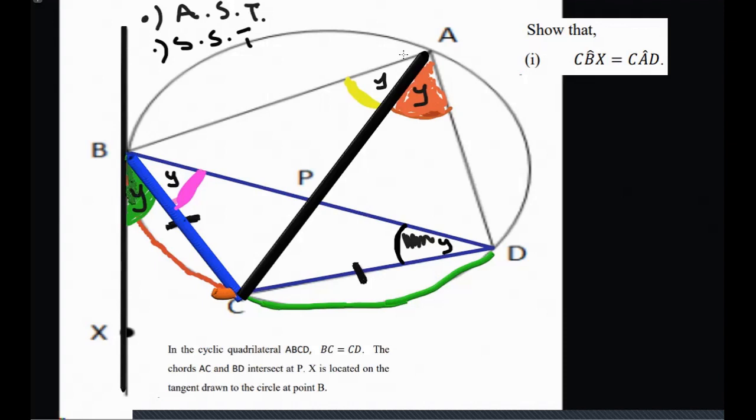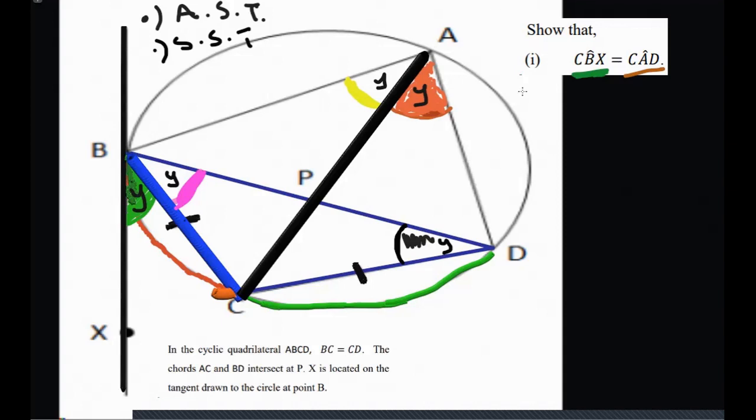All right. So now let's see what was the requirement. We have been asked to prove CBX, the green angle, is equal to this angle CAD, that's the orange angle. We have Y for the green angle and Y for the orange angle too, which means these two are equal.